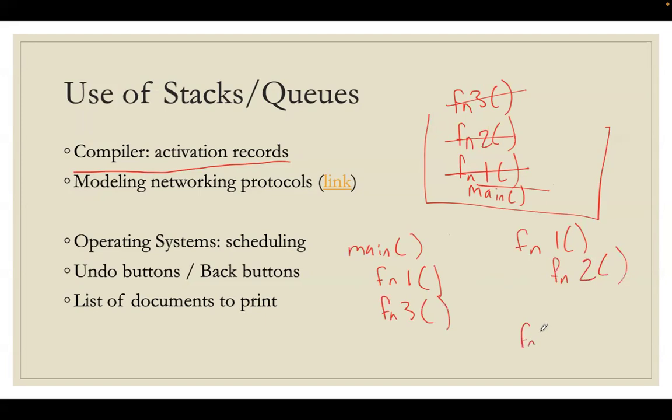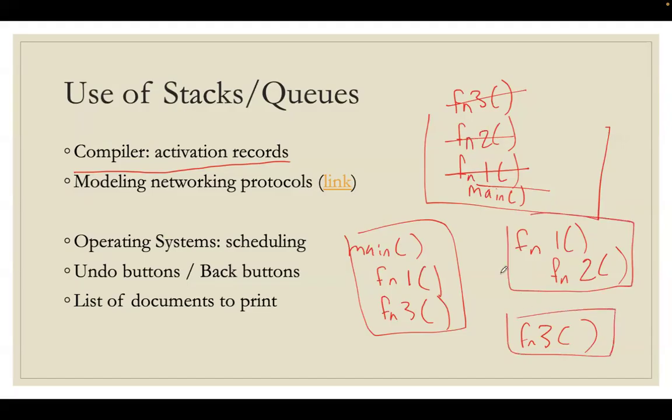And then function 3 just does something independently. So this is what our methods look like, and this is what our call stack is. First main gets added, then 1, then 2. Those pop off, and then we add 3. That finishes, gets popped off, and then main finishes, and so we're done. The goal is an empty stack at the end.